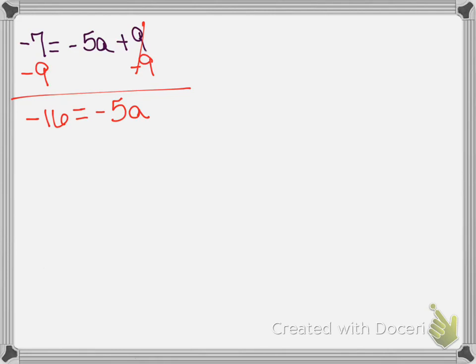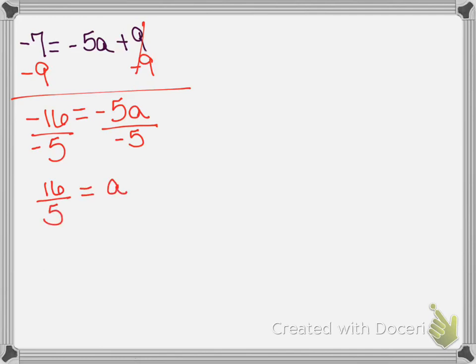Okay? The negative 5 and the a is being multiplied together. So I am going to divide to get rid of it. Okay? Negative 16 over negative 5. A negative over a negative is a positive.